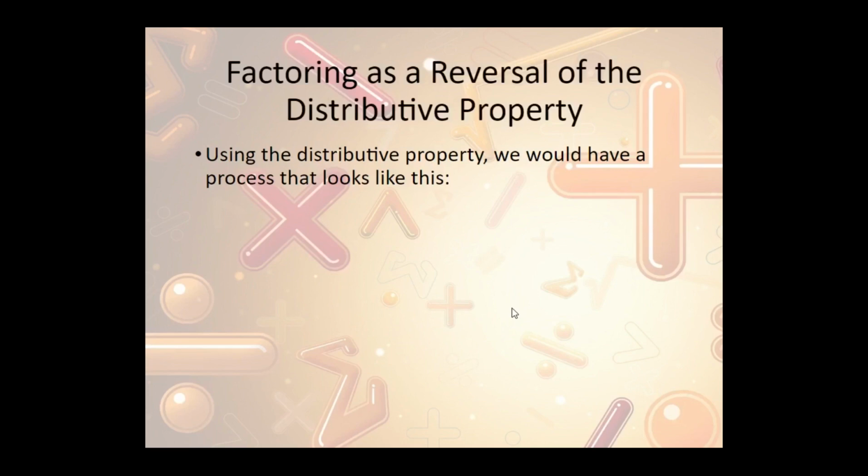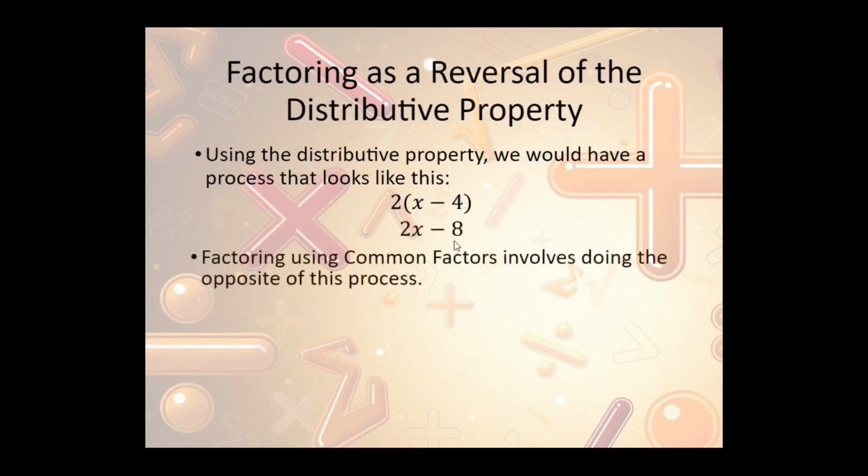Factoring is really just a reversal of the distributive property. For instance, with the distributive property, we had something that looked like this earlier. We had 2 times x minus 4. We multiply 2 times x and 2 times negative 4, and we get 2x minus 8. Now, if we were to factor this, we're looking for something that's in common between the two of them.